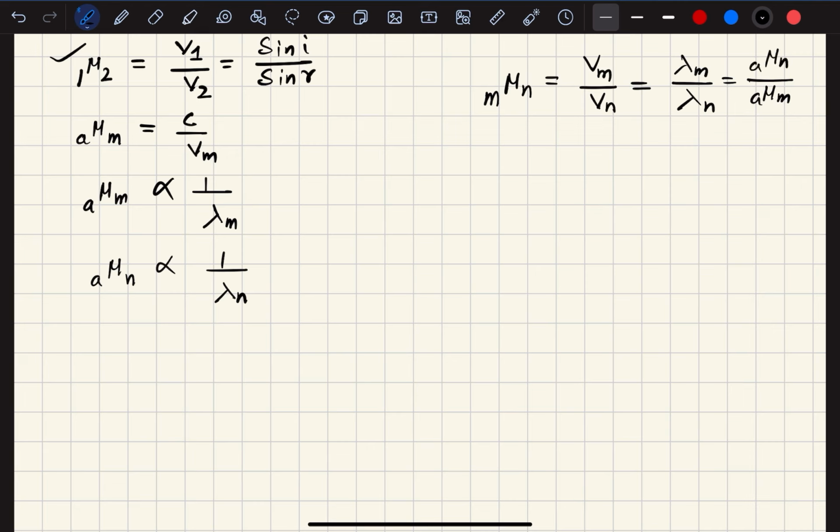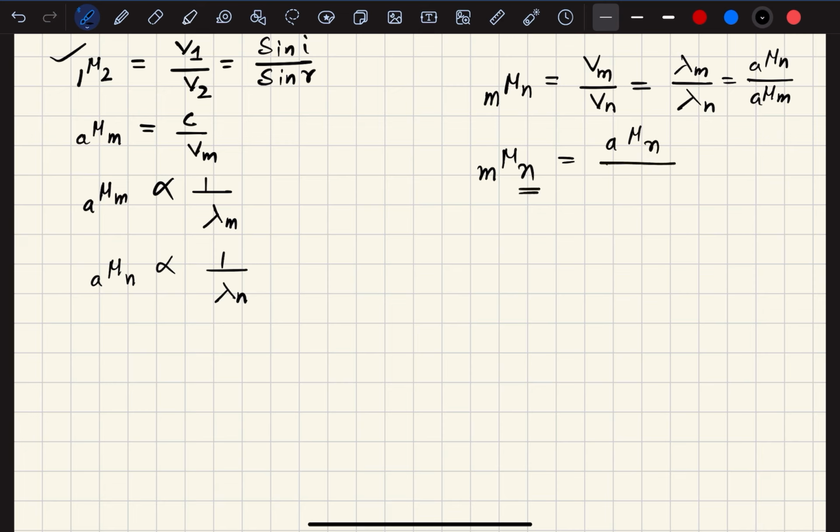So you can easily calculate any relative refractive index from its absolute refractive index. First, you have to write the absolute refractive index of the medium where the light is going.